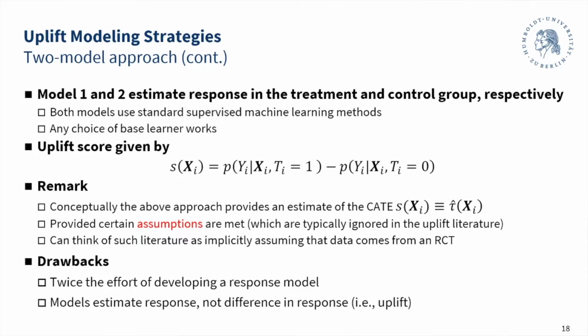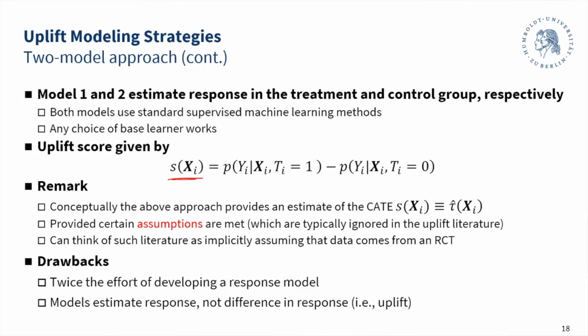So this is our two-model approach. Having these two models, for new customers that we consider targeting, we calculate their uplift score, denoted by S of xi. This uplift score is conceptually nothing but an estimate of the CATE, provided that we gather data through an RCT, a randomized controlled trial.